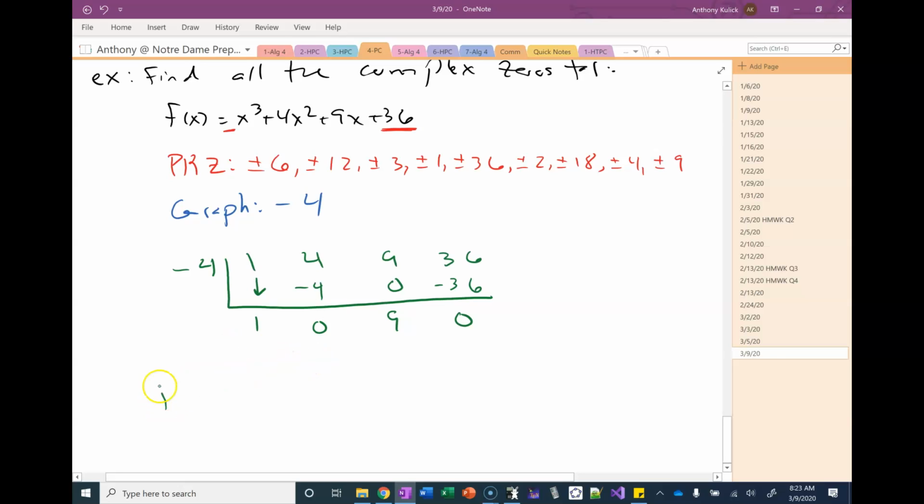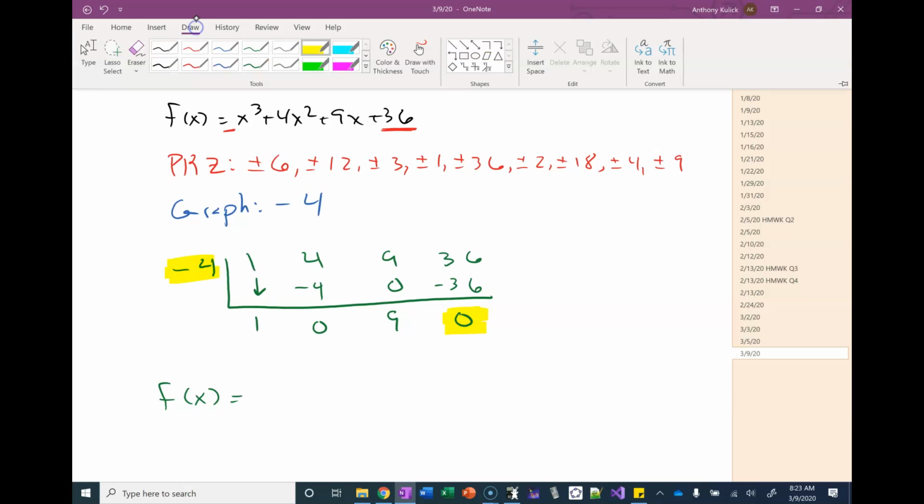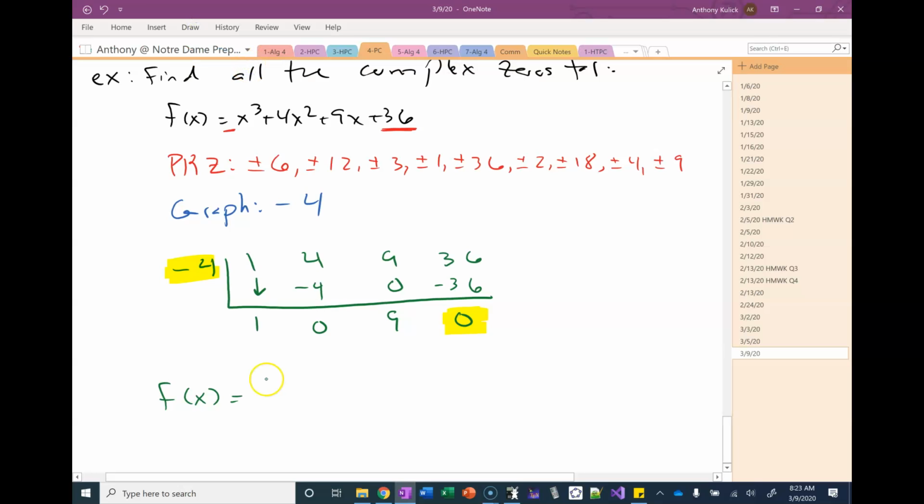So this tells me that my polynomial factors into what 2 polynomials? Because I got a remainder 0, I know I have what polynomial? X plus 4, right? Because I found x equals -4 is a 0.